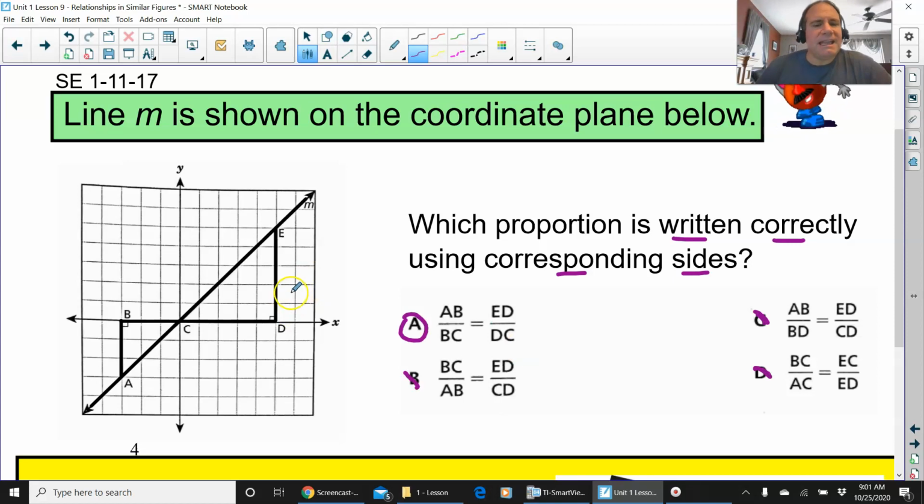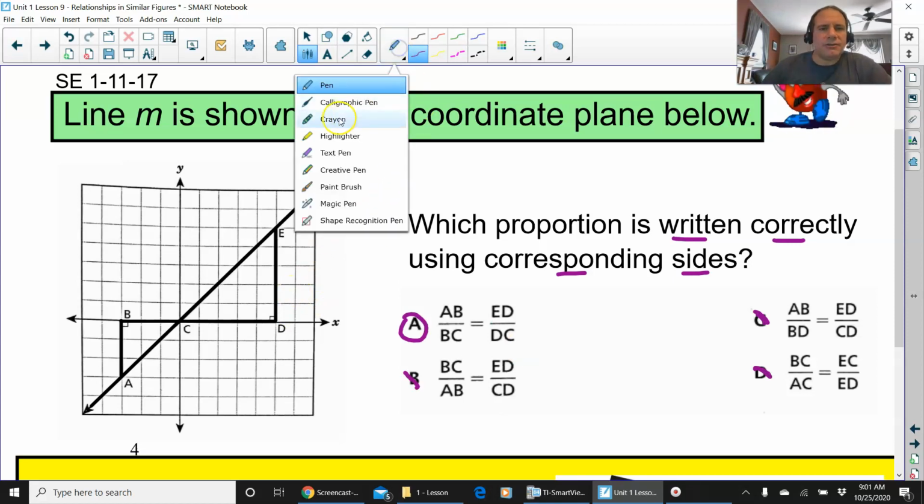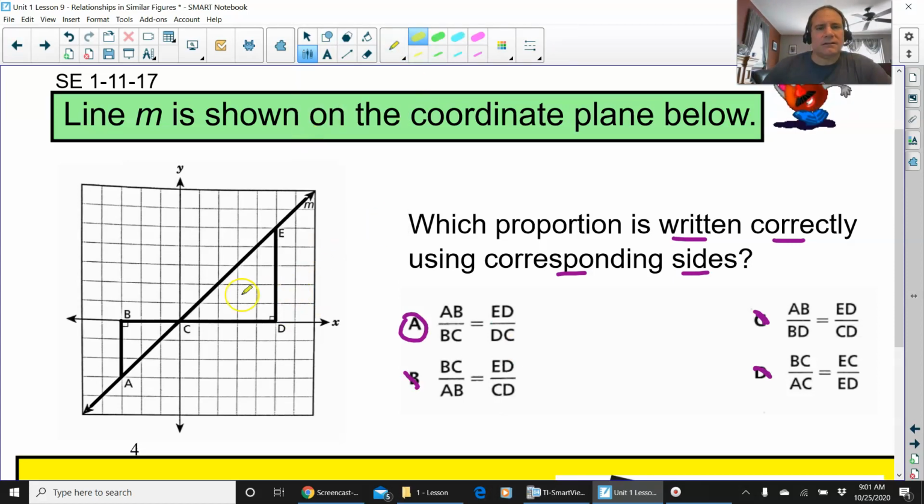So if you picked A, you are correct. Let's just go over a quick little synopsis of this. This is AB, and he puts it over BC. So I'm going to change the color. He has to do the same thing, so the same thing has to be done: ED. By the way, this side here corresponds with this one.